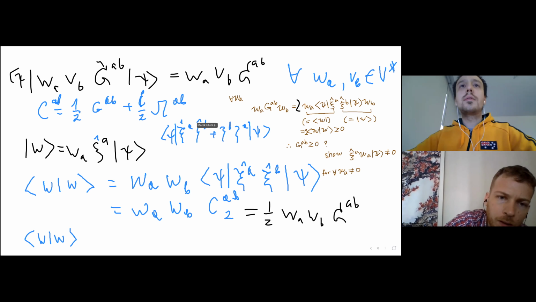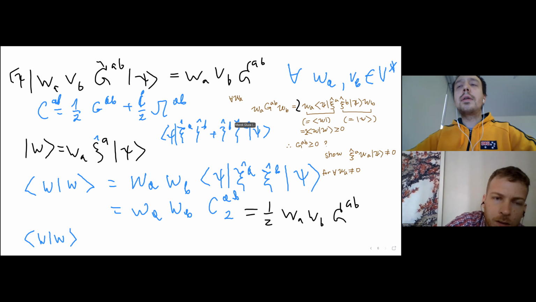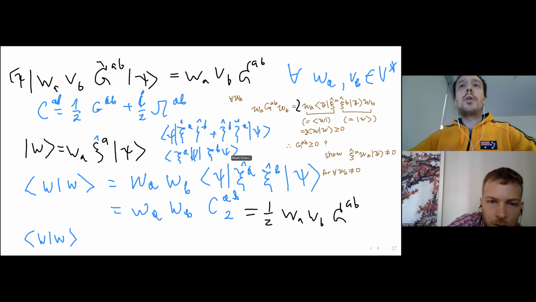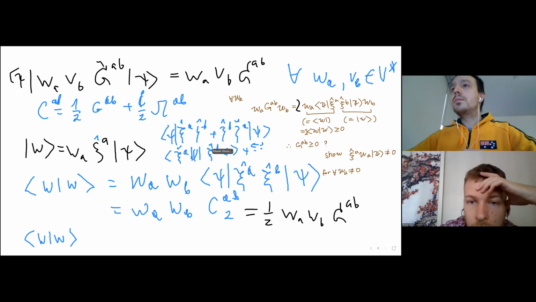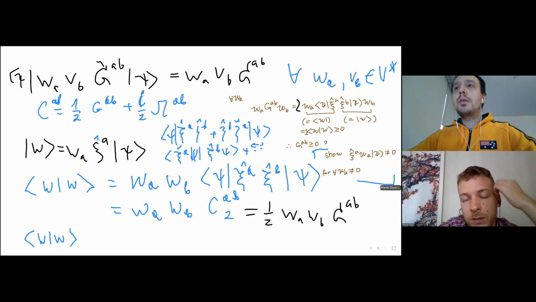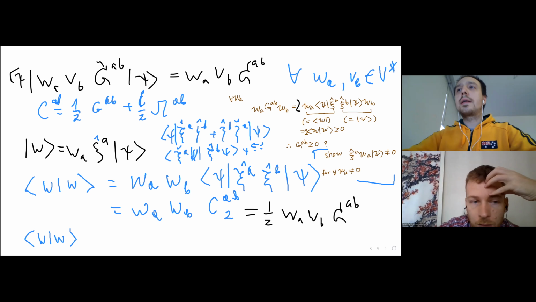Yeah, we use hermiticity, and we use the fact that if we contract with W on both sides, of course it's symmetric, and therefore it doesn't matter how we order. Right. Okay. So those are the calculations, and that was your question. Exactly.